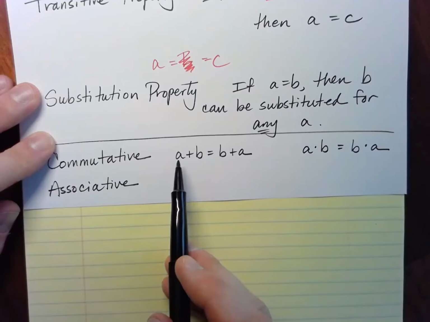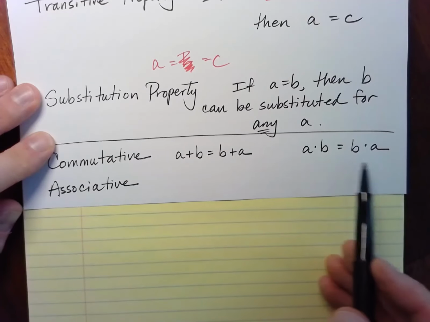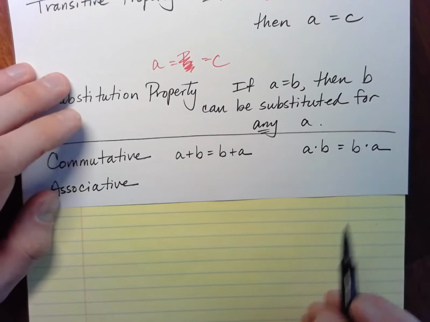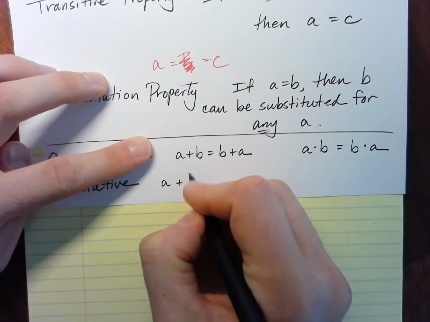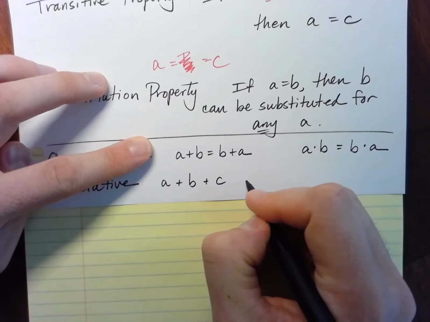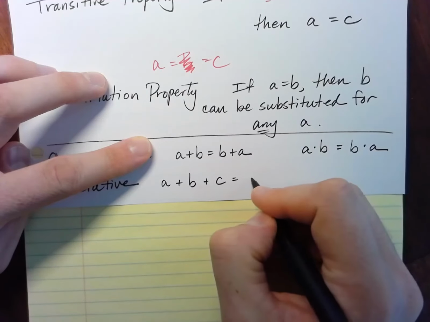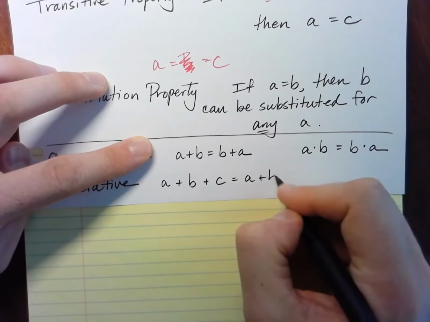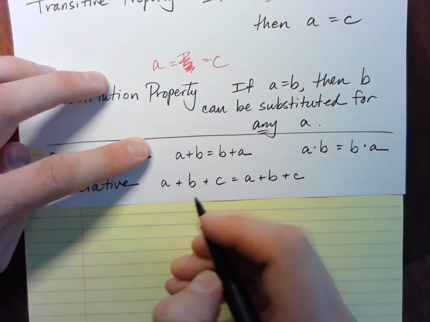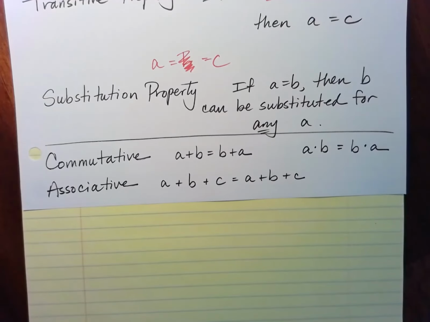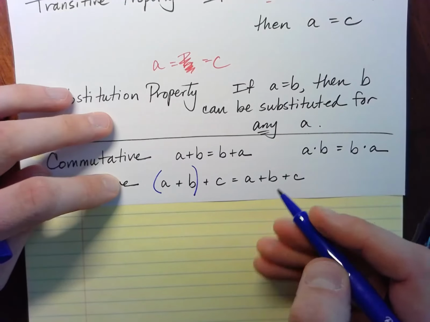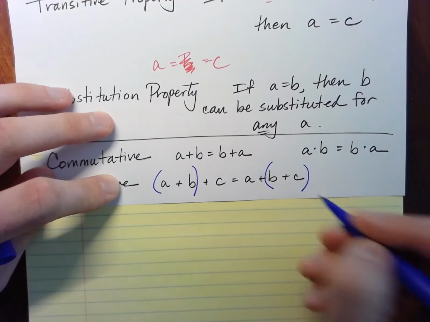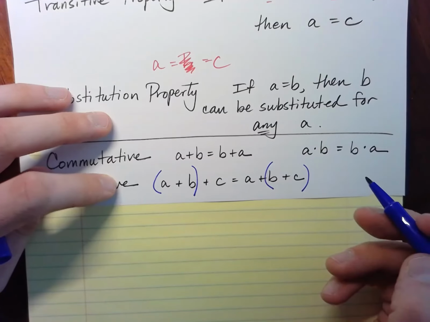So you can add in either order and you can multiply in either order, and your result will be the same. The associative property says that if you're adding three things, and you group, now notice what I'm doing here, and if you group these two things together, it's going to give you the same thing as if you had grouped those two things together.